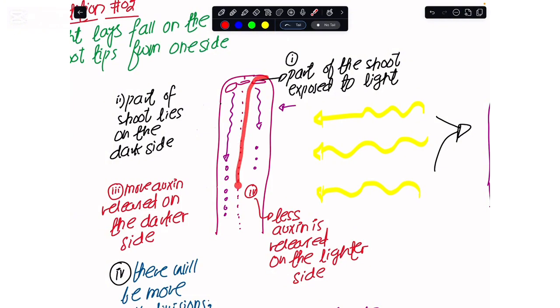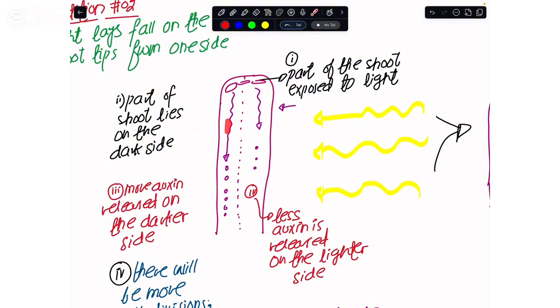One half of the shoot is exposed to the light, and the other part lies on the darker side, because this side is not receiving any of the light rays. Now what we have to do is increase the number of cells on the darker side.